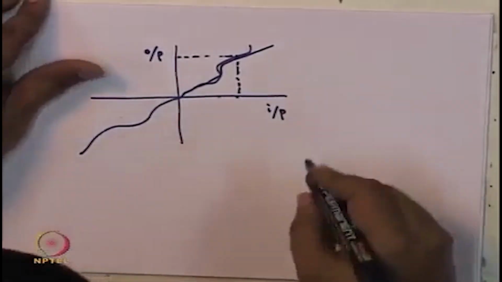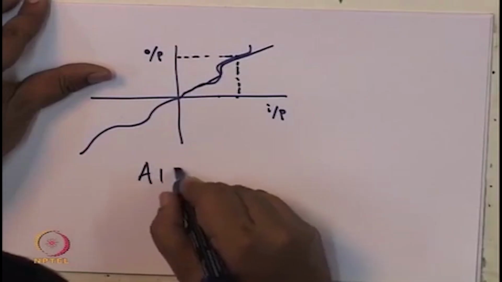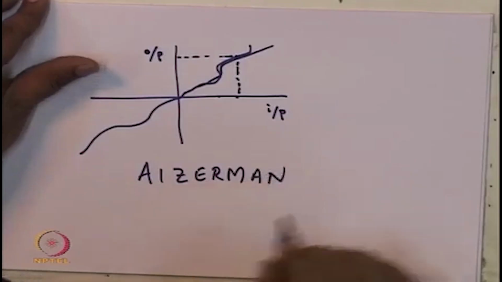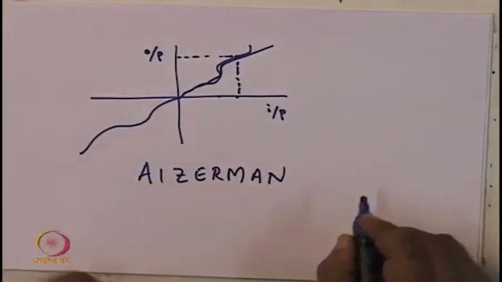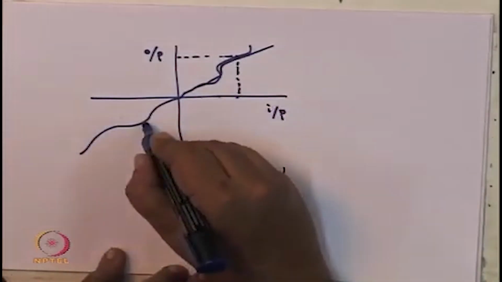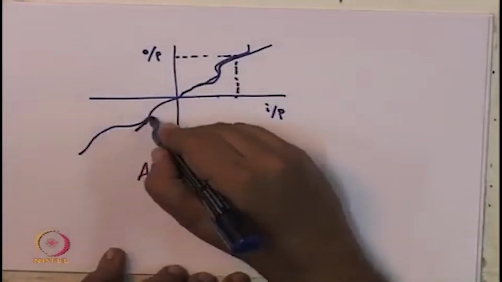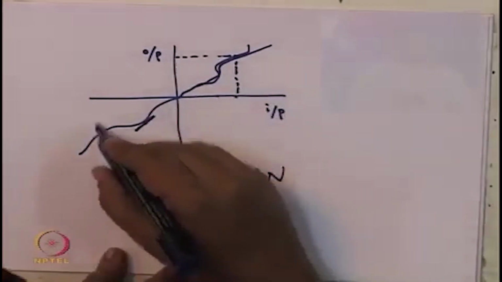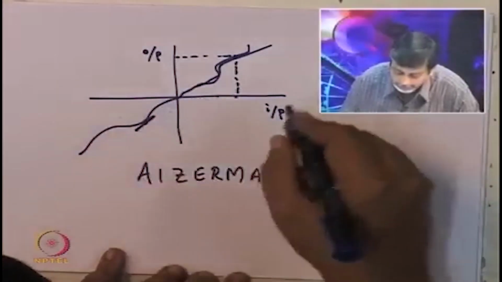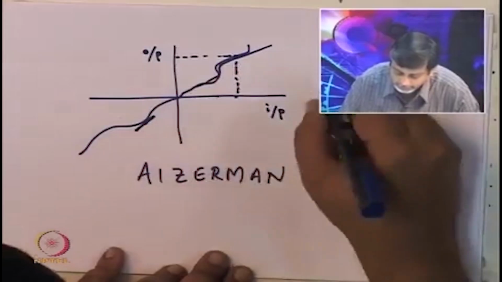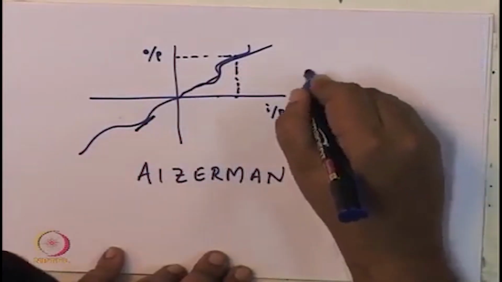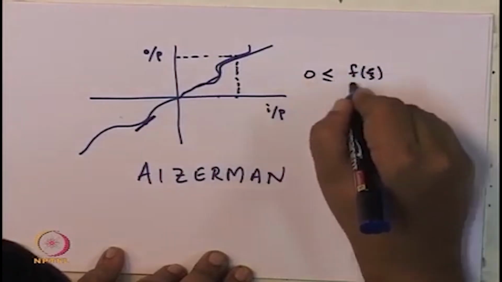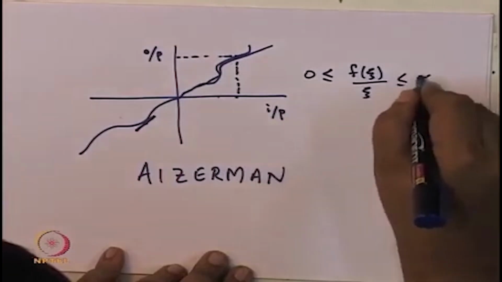Now, the conjecture made by Eisenman was the following. If you look at this nonlinearity, at each point there is some tangent to the curve. One way that you could talk about this nonlinearity is to limit it. For this particular nonlinearity, one could say that 0 is less than or equal to f of xi by xi, which is less than or equal to infinity.